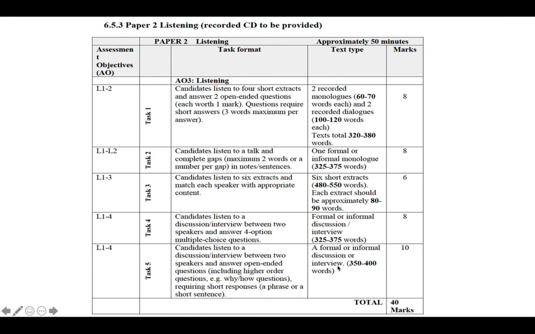The discussion or interview that they will listen to is about 350 to 400 words. And that discussion or interview could be formal or informal. And then this is worth 10 points, and all these points make up 40 points in a 50-minute paper 2 listening paper.